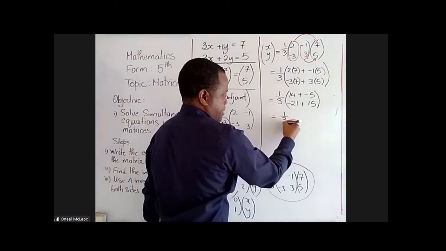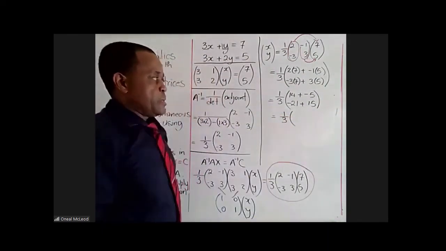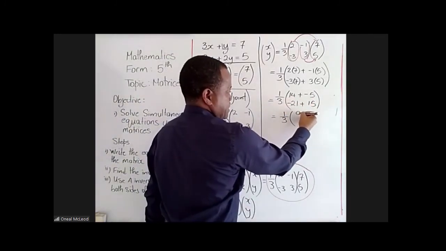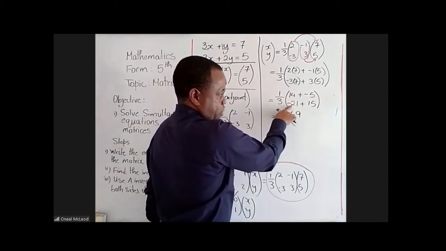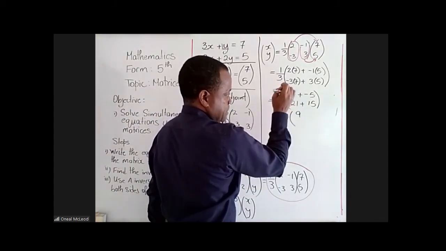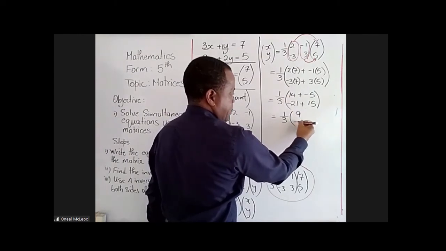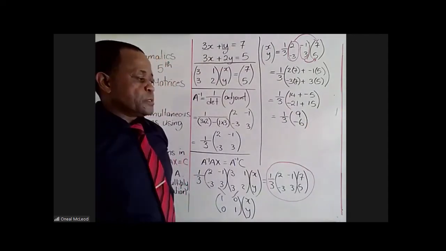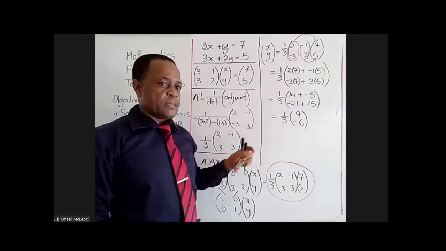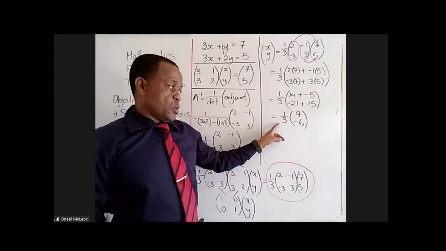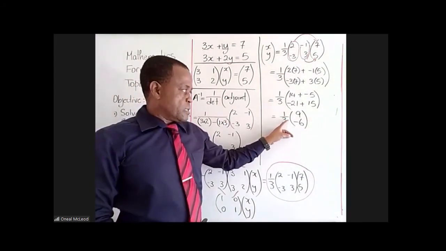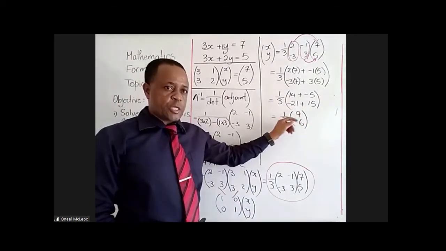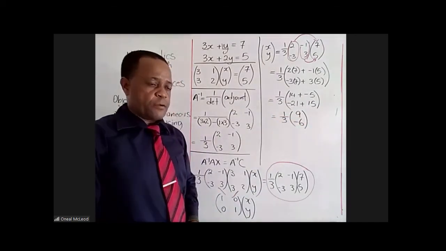Let's bring back that 1/3. And let's work this out now. So here, 14 plus -5 will end up giving us 9. -21 plus 15 will end up giving us -6. Now, student, at this point, we now use our scalar quantity, which is the inverted determinant, to multiply each term inside the bracket there.